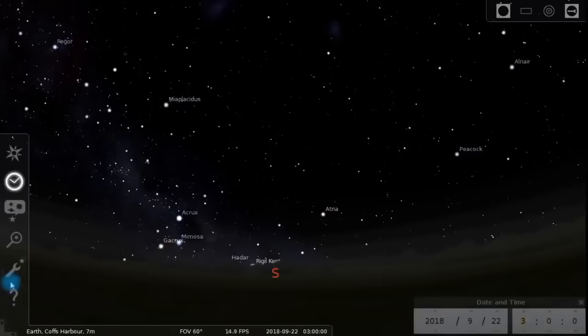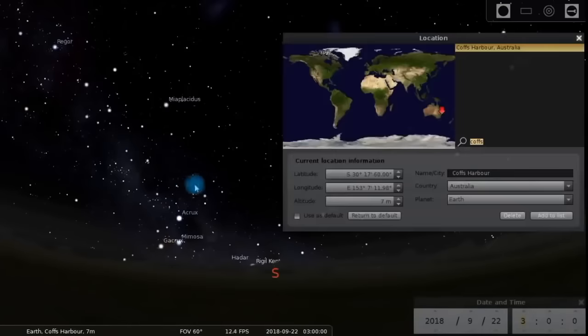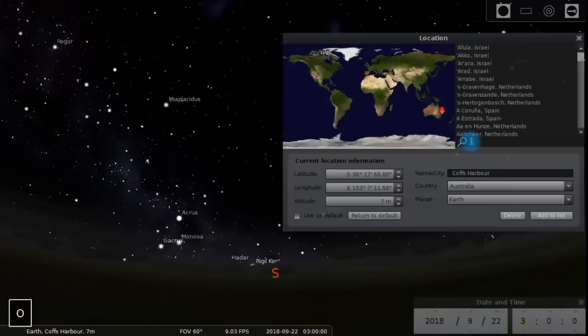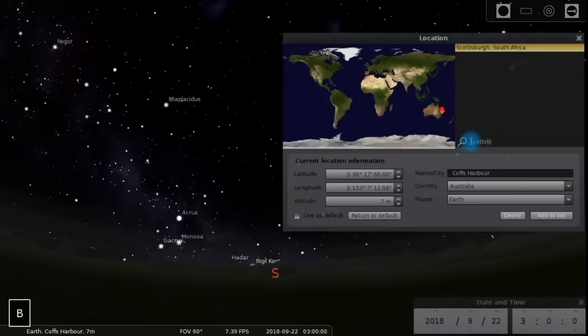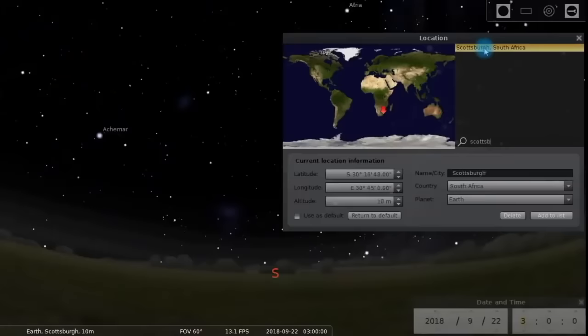Right, now I want to go over to, wrong place. I chose another place, roughly same latitude, over here on the east coast of Africa. A little place called Scotsburg. Click on that.